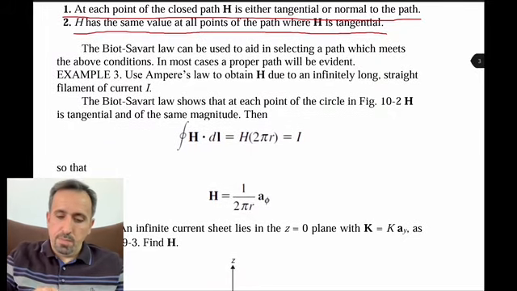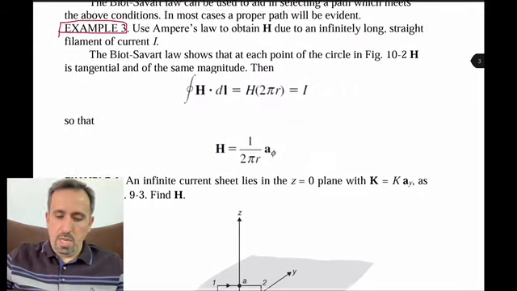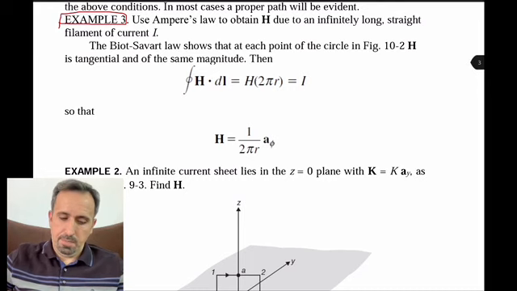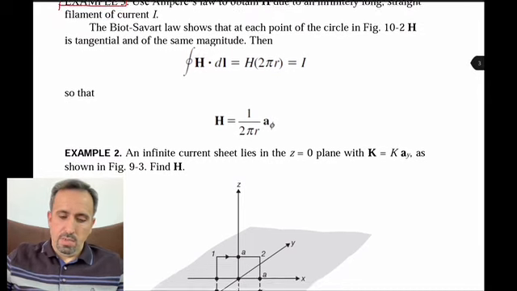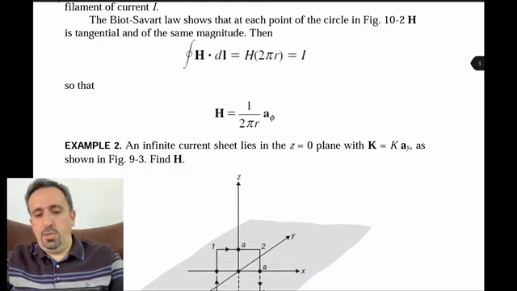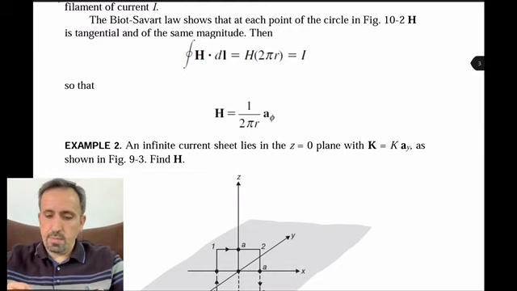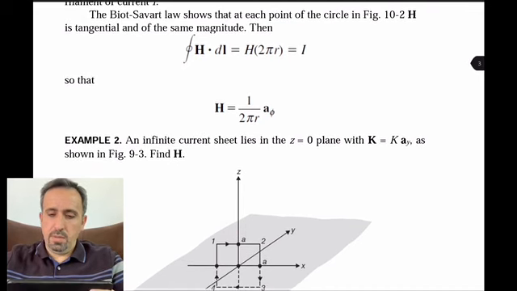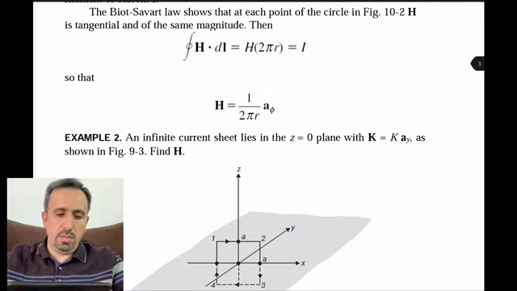So we have example number 3 here. In this example, it says use Ampere's law to obtain H due to an infinitely long straight filament of current I. The Biot-Savart law shows that at each point of the circle in figure 10.2, H is tangential and of the same magnitude.